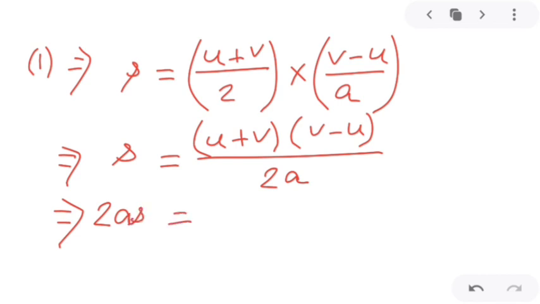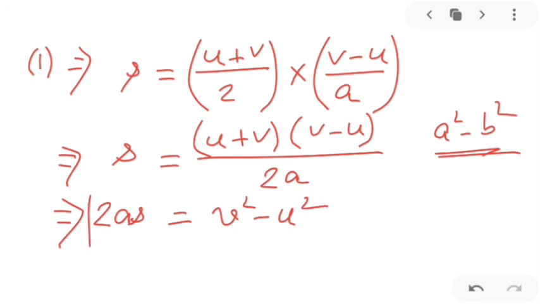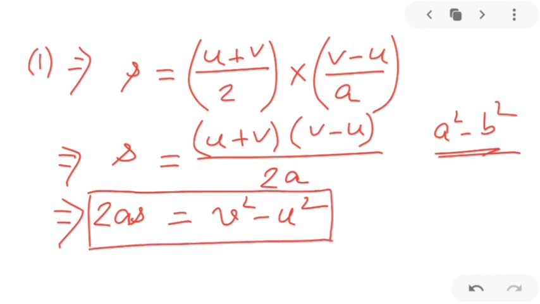Now v plus u into v minus u is like (a plus b) into (a minus b), which is a square minus b square. So it is v square minus u square. We get this third equation of motion, derived again using the concept of average velocity. Note down all these things.